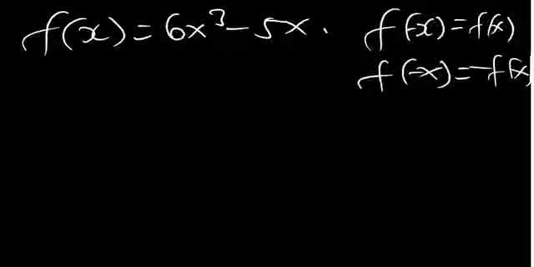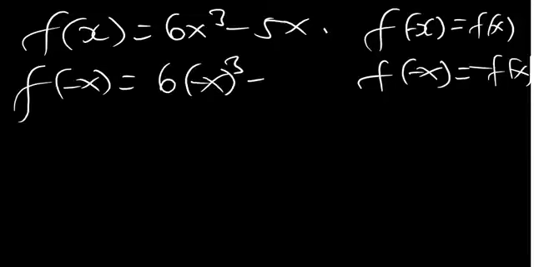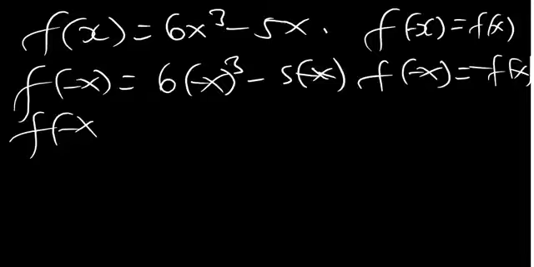Let's now see what's going to be our f of negative x. So f of negative x, we're going to have 6 times negative x to the power 3 minus 5 times negative x. Negative x to the power 3 is going to give us negative x to the power 3, so it's going to be negative 6x to the power 3.